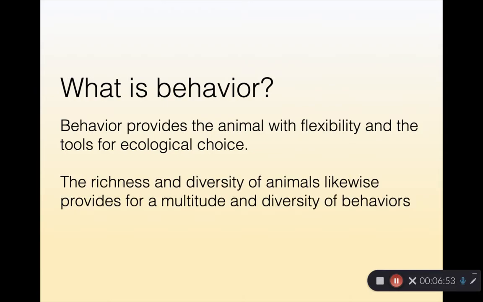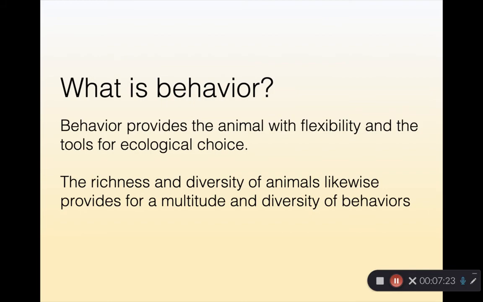And it's important to note, and this is where we're going to start thinking about how behavior relates to evolution, that the richness and diversity of the tree of life provides for a lot of different options for diversity of behaviors. So where there's diversity of animals, there's going to be diversity of behaviors.